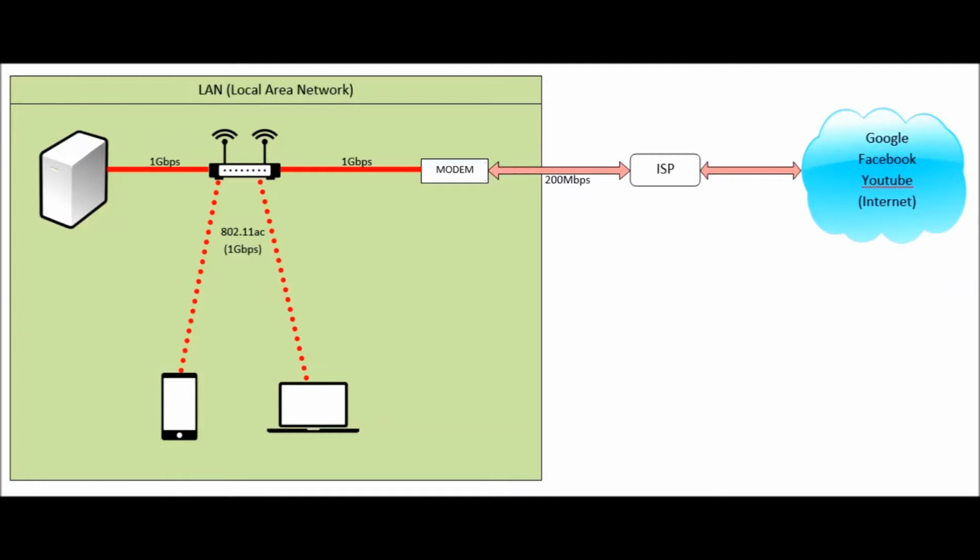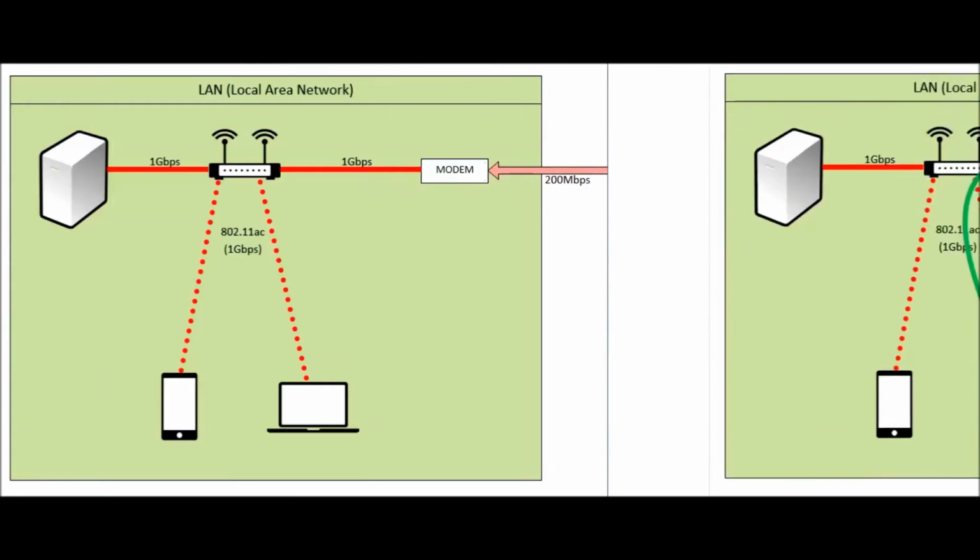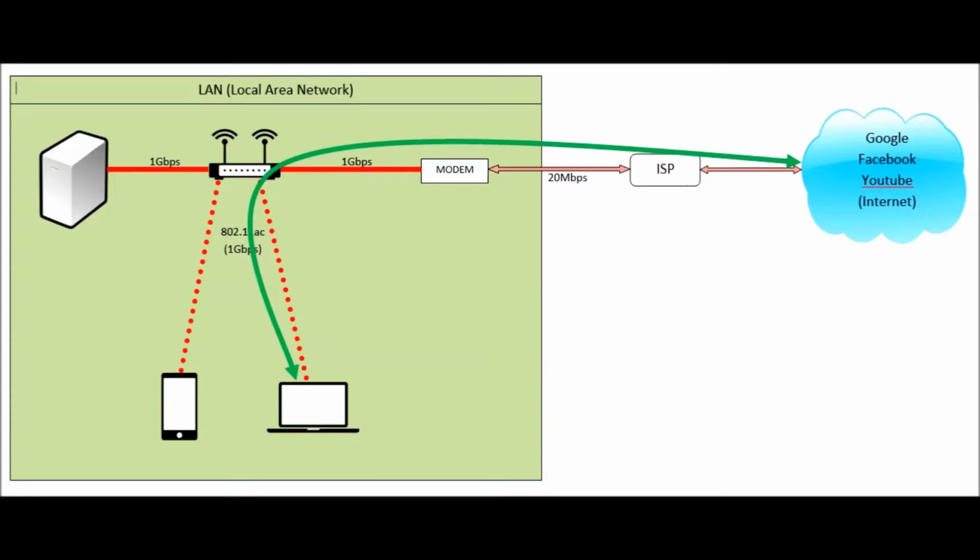So let's say you just bought your wireless router, and you want to do a speed test, and you do an internet speed test to find out. What you're doing is you're sending data traffic through your network out to the internet.